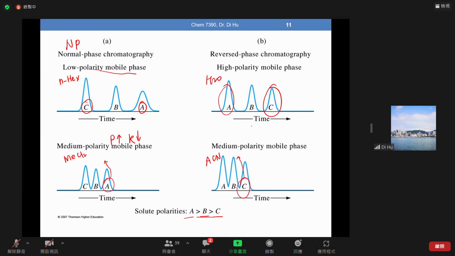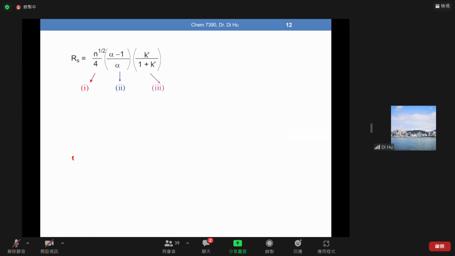So for reverse phase, when P decreases, we see K decrease, right? P means the polarity of the mobile phase, mobile phase P, understand? This concept is related to what we are going to talk about later, when we choose the solvent for the mobile phase.